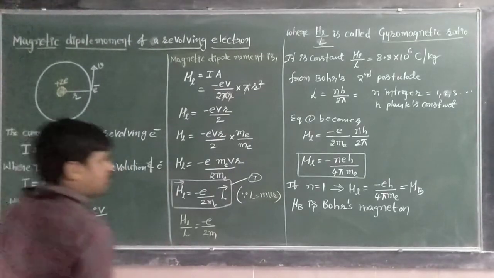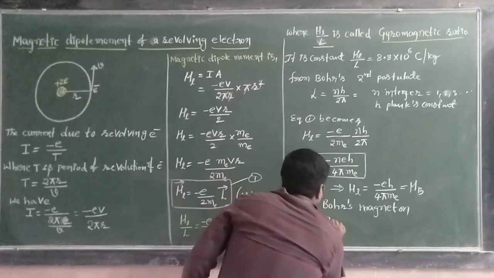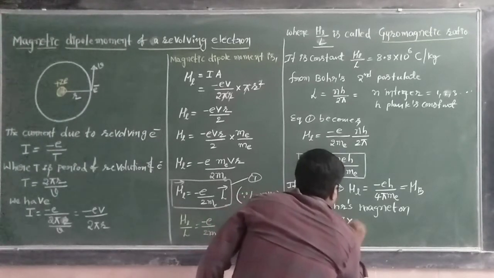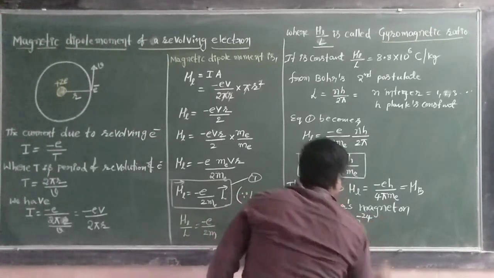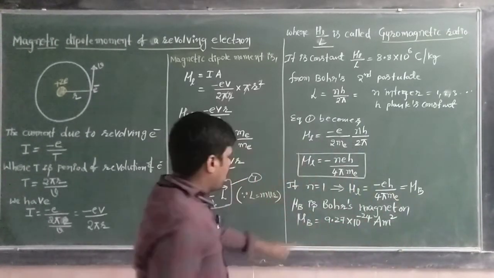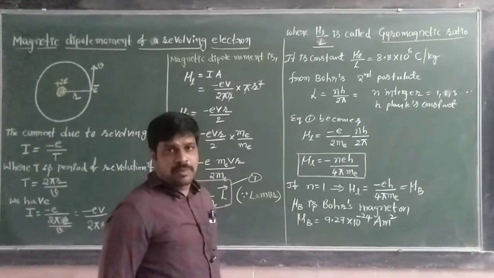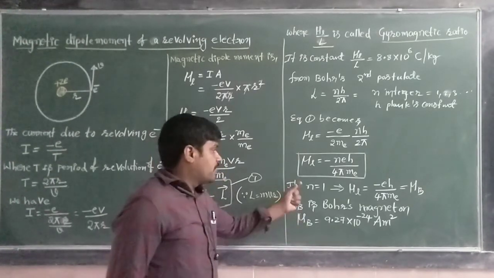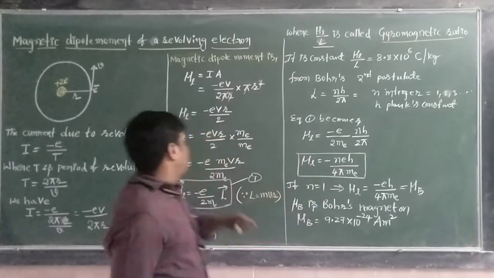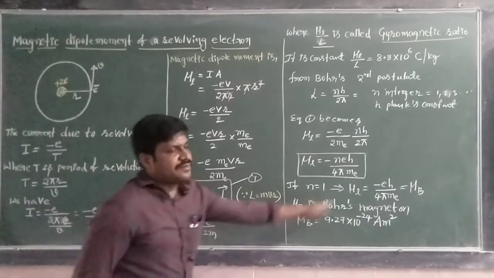What is its value? Mu B is equal to 9.27 into 10 power minus 24 ampere meter square. The Bohr magneton is also a magnetic dipole moment, but taken with n equal to 1.